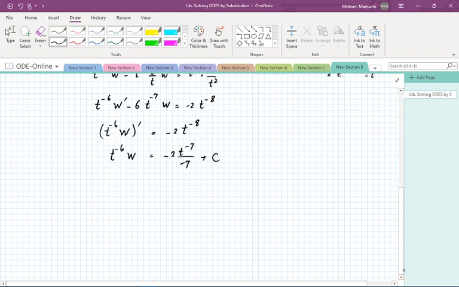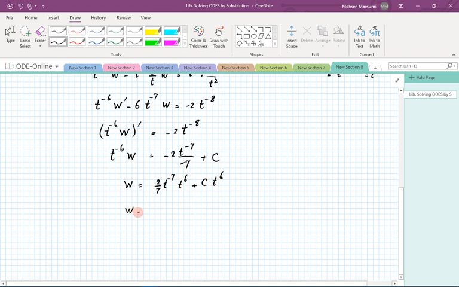We might as well go ahead and multiply both sides by t to power of 6. So I'll have w is, canceling the minuses, 2/7 t to power of minus 7 multiplied by t to the 6.